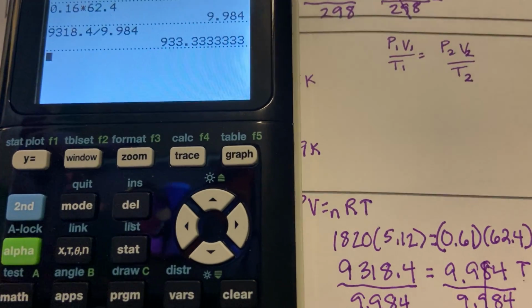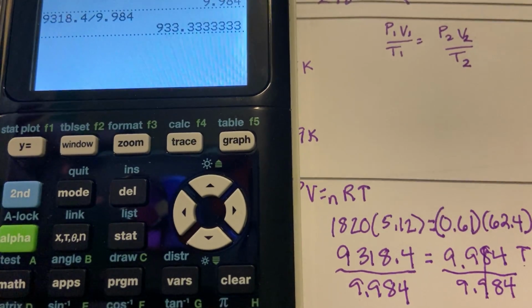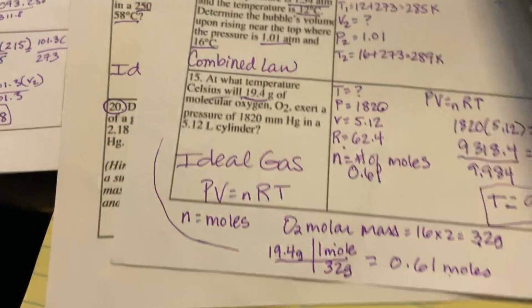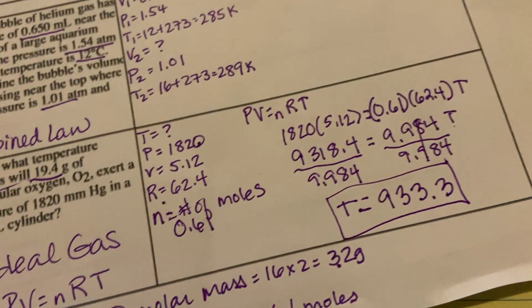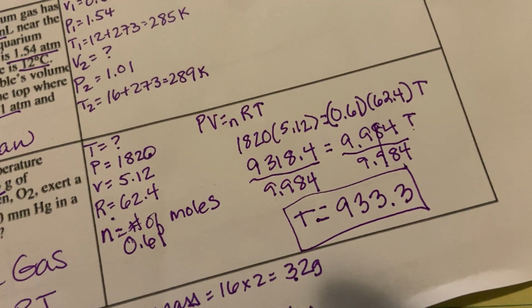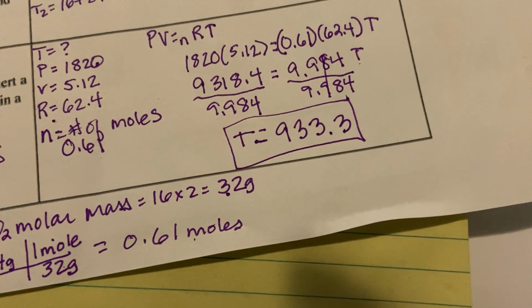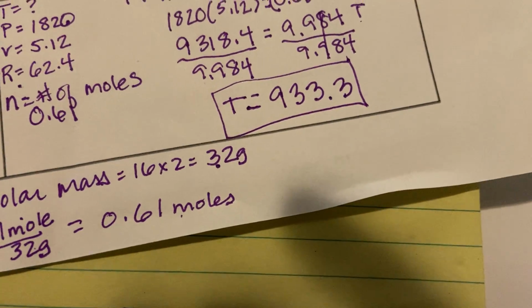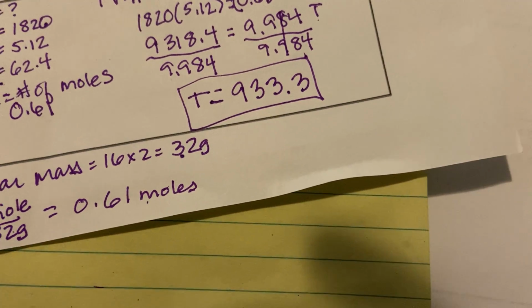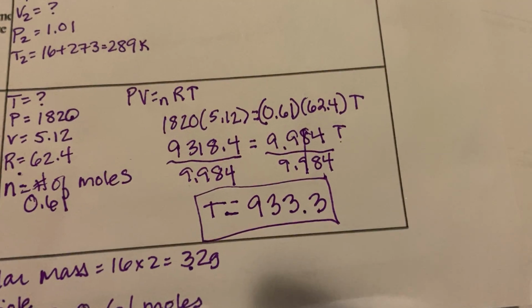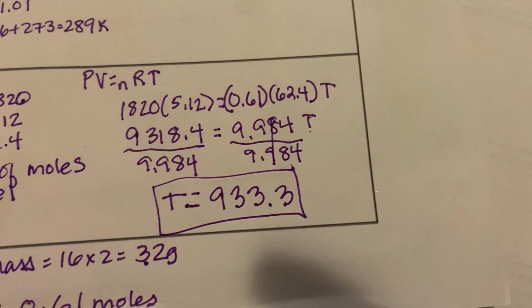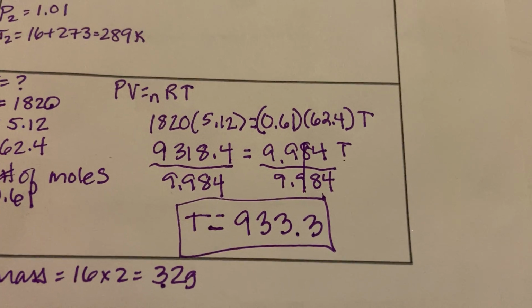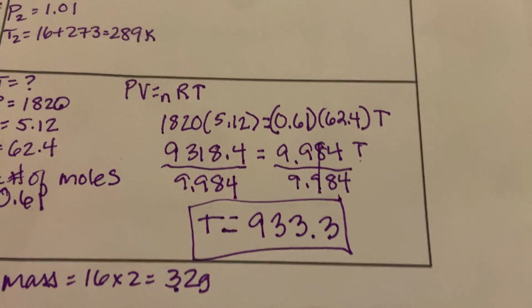And that is 933.3. Okay, so if you find a mistake, let me know. Okay, that is what you should get for that one. If I need to rework that, I will. Let me just double check. 0.61 times 62.4.